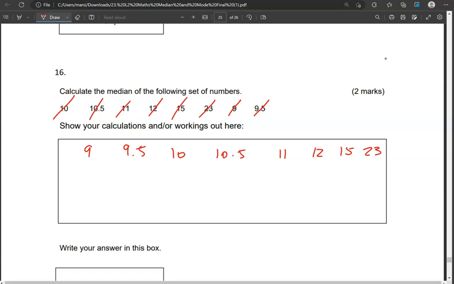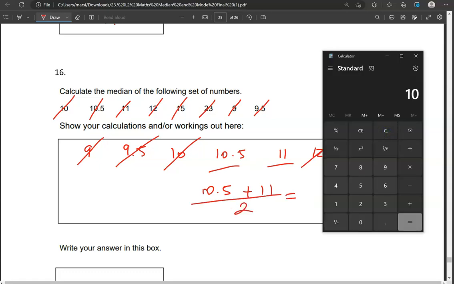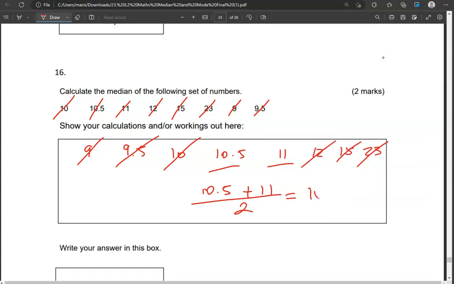Crossing them out, one on each side till we get to the middle. So we have 10.5 and 11, adding the 2 and dividing by 2 gives us 10.75.